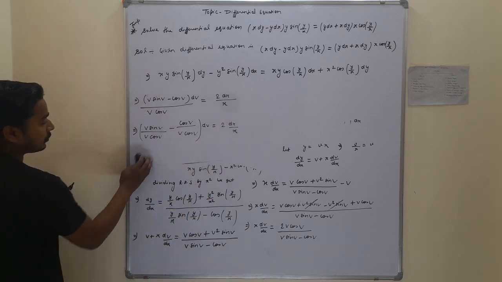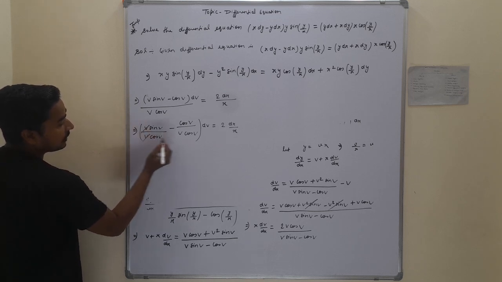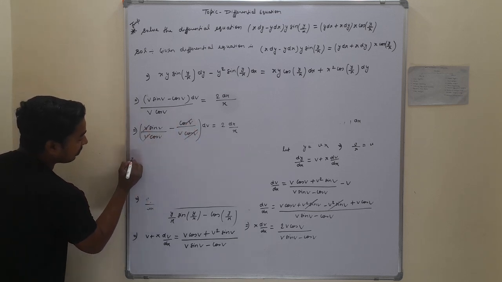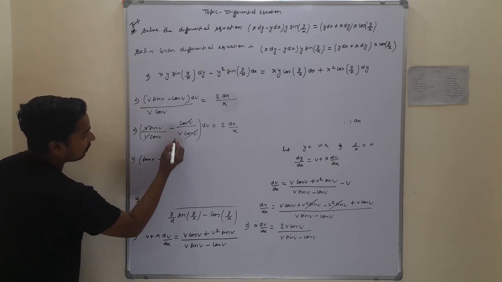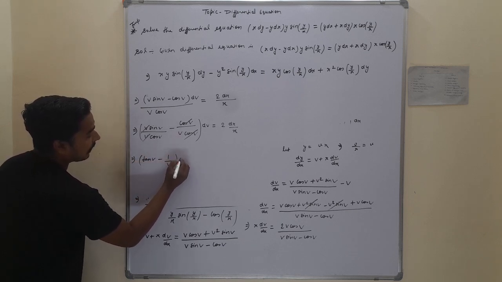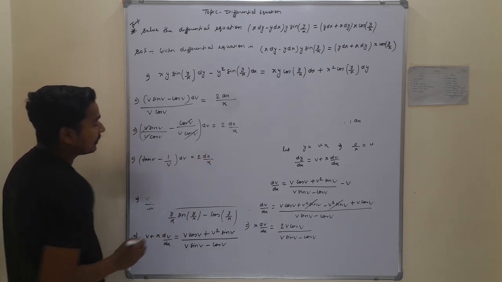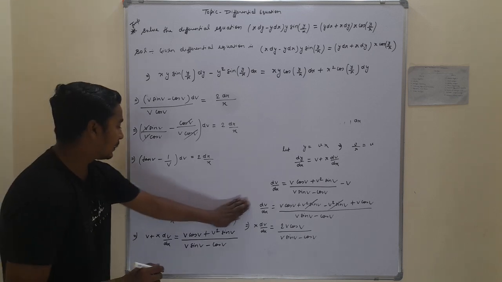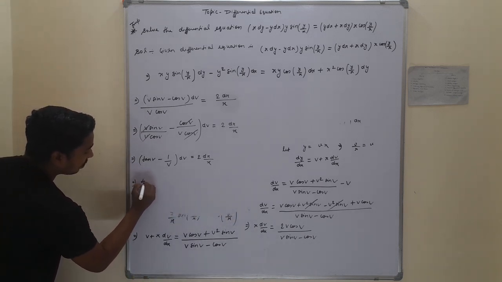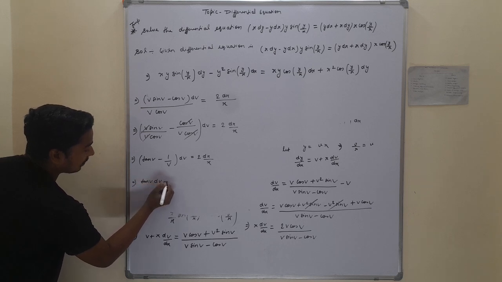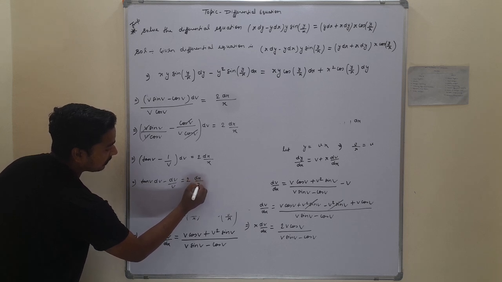And further solving, v to v cancels out and cos v to cos v cancels out. Then the remaining is tan v minus 1 by v, and this dv is equal to 2 dx upon x. Integrating both the sides, this gives tan v dv minus dv upon v is equal to 2 dx upon x.